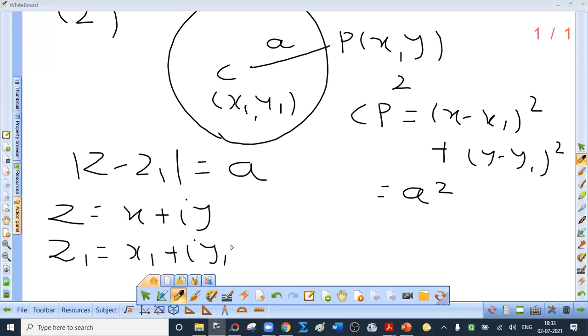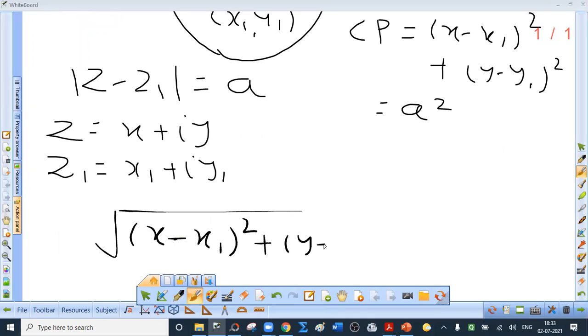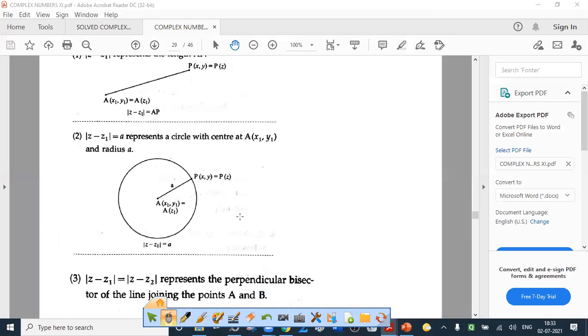What is the modulus of that? It is root of (x minus x1) square plus (y minus y1) square equal to a. Now, if you square both the sides, you get (x minus x1) square plus (y minus y1) square equal to a square. So this represents a circle.